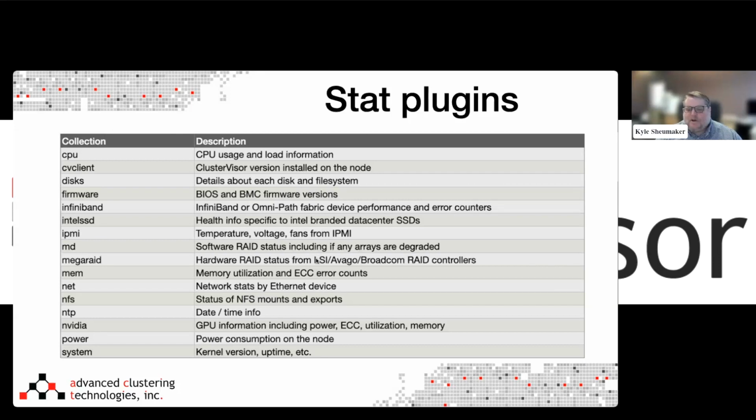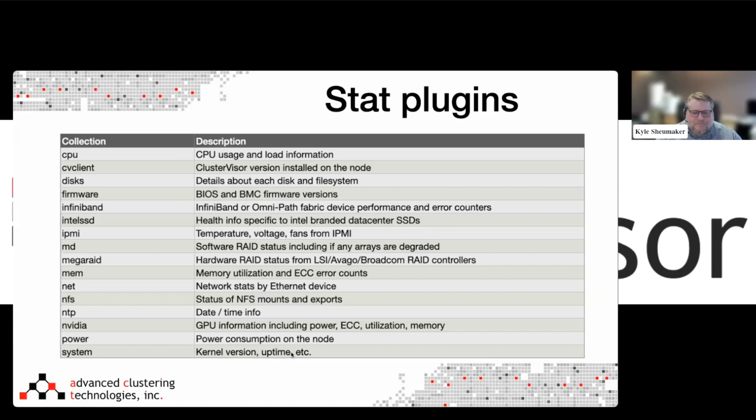We do software RAIDs, hardware RAIDs, memory, standard networking things, as well as pulling directly from NVIDIA GPUs. We can get power utilization and memory utilization on each GPU. System-wide power consumption is also a stat that can be collected, as well as system-level information about kernel version and uptime.